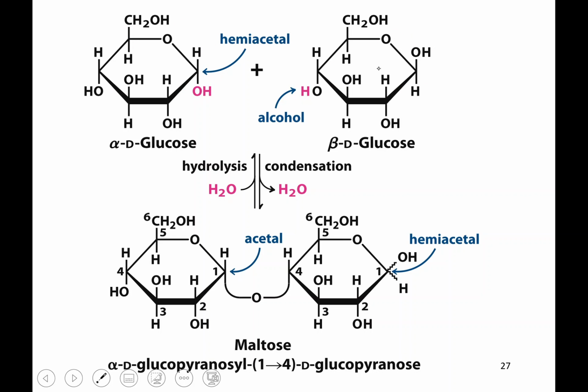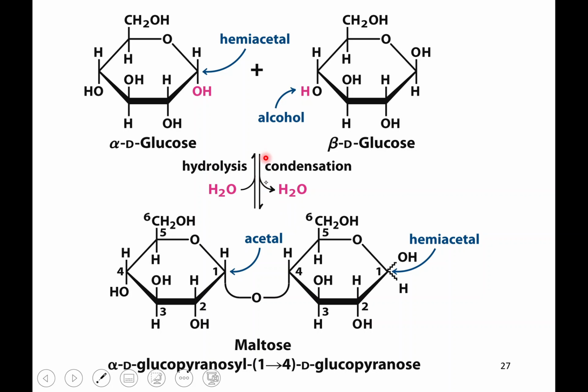On the right, we have beta D-glucose. A glycosidic bond can form between the anomeric carbon, so carbon 1, on one glucose molecule, and the OH group on carbon 4 from another glucose molecule. When that bond forms, we get a release of water, shown here in pink.